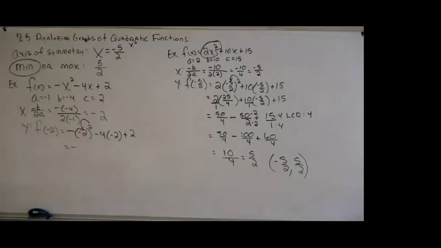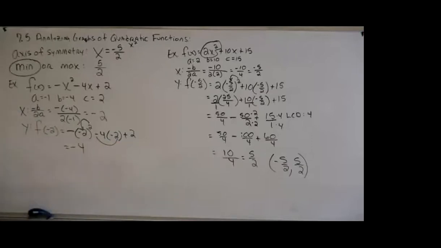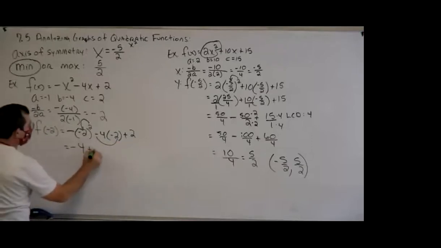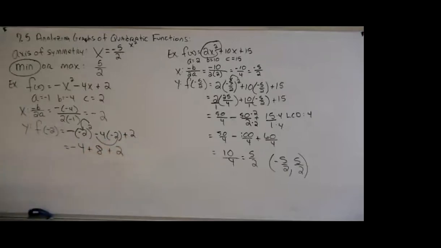So before I can multiply by that negative out front, I got to figure out what is -2 squared. +4. So do you see what happens? This isn't going to be a positive number, is it? It's going to stay negative. Okay. Now right here, -4 times -2, we make that a +8. And then at the end is my +2.